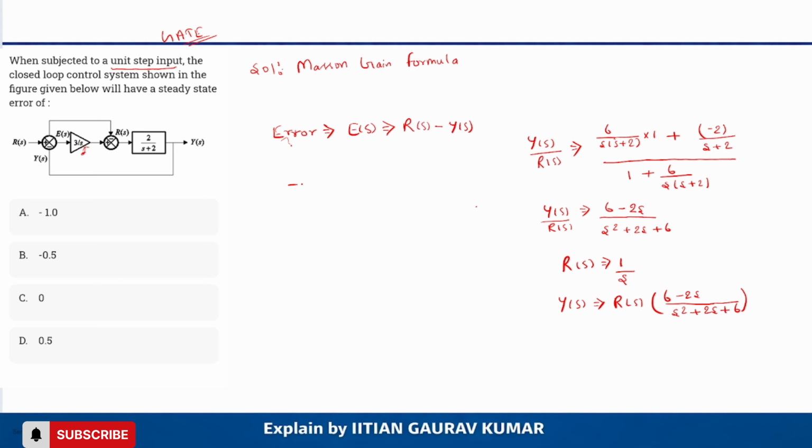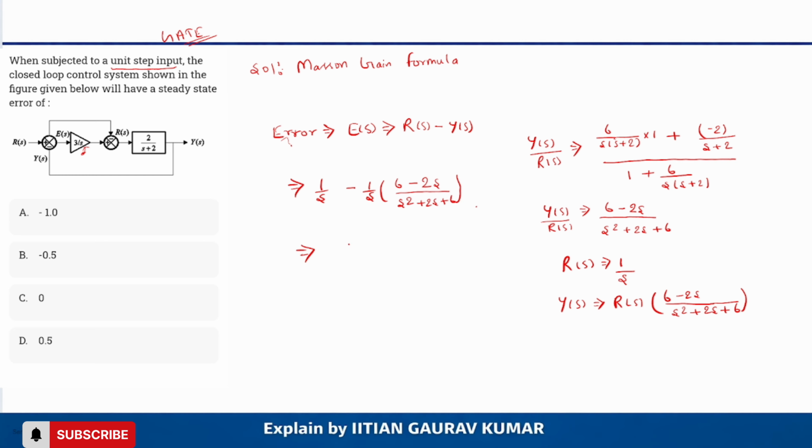R of s value is 1 by s, and Y of s value is 1 by s into (6 minus 2s) divided by (s squared plus 2s plus 6).